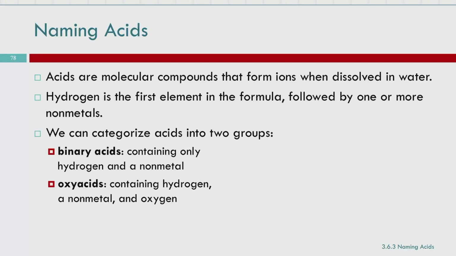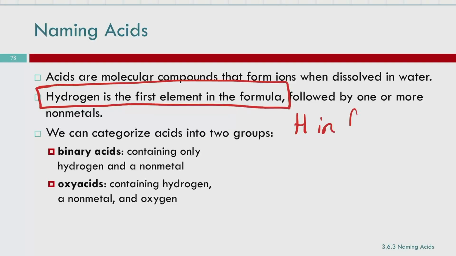The fastest way to identify an acid, at least in this class, is that hydrogen is the first element in the formula. Anytime that you see an H or multiple H's in front, that means that you're dealing with an acid for this class.